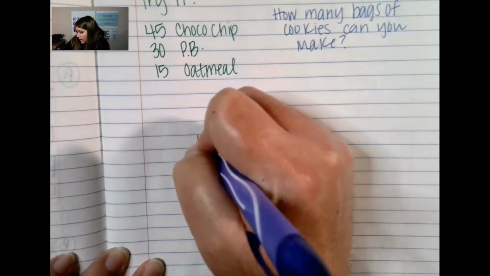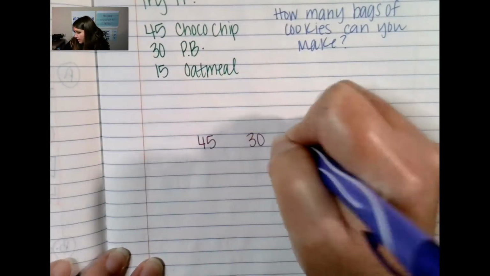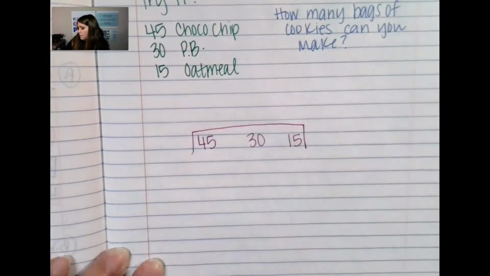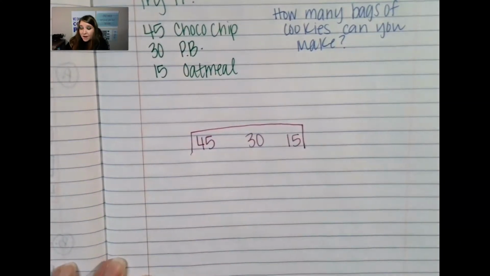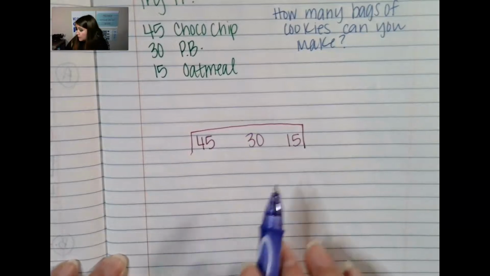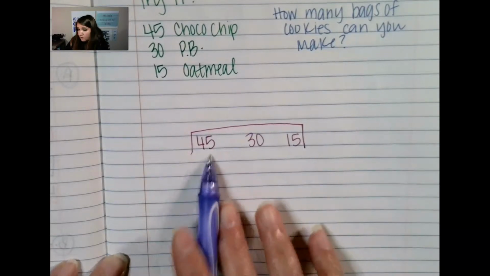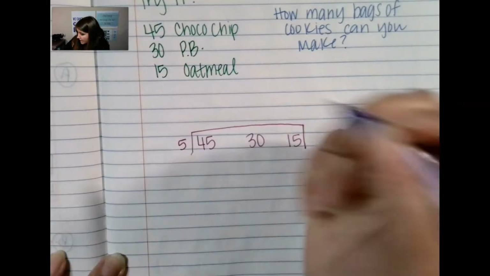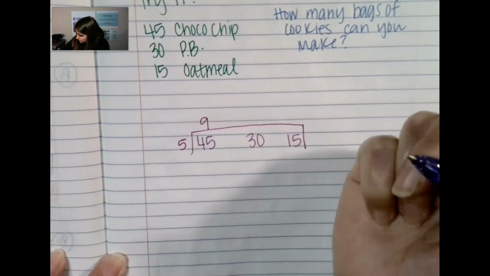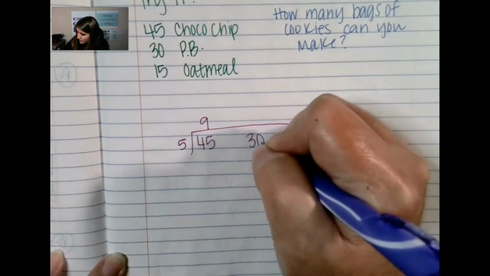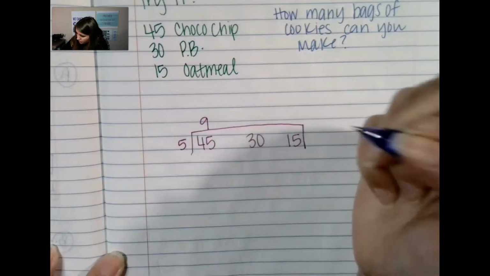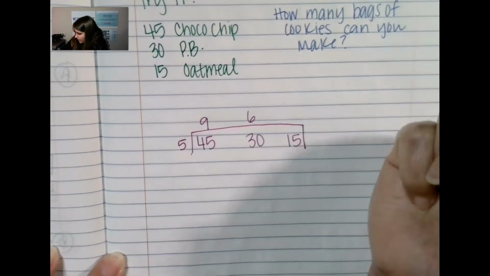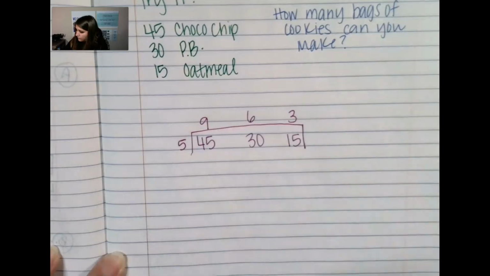So 45, 30, and 15 are the numbers I'm looking for. All right, 5. I instantly see 5 because I know 5 can go in here. So I'm going to pull out a 5. And this becomes 9, 6 and 3.